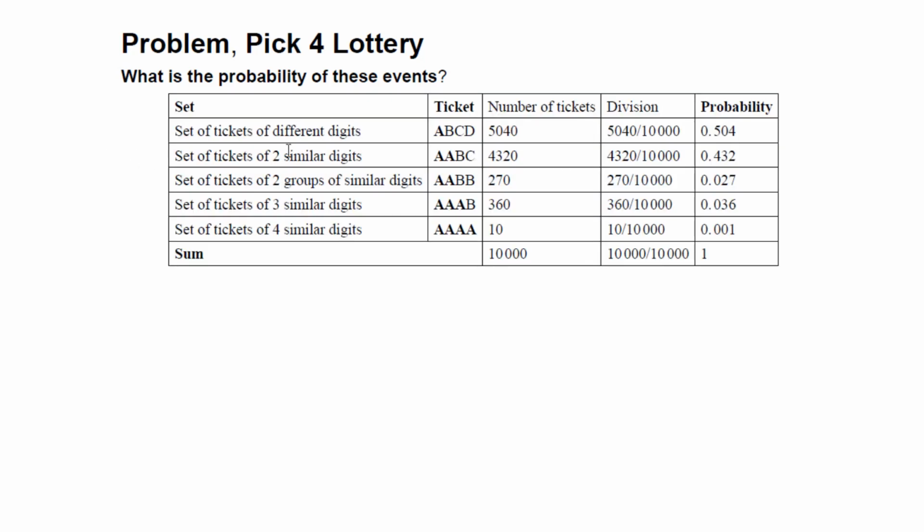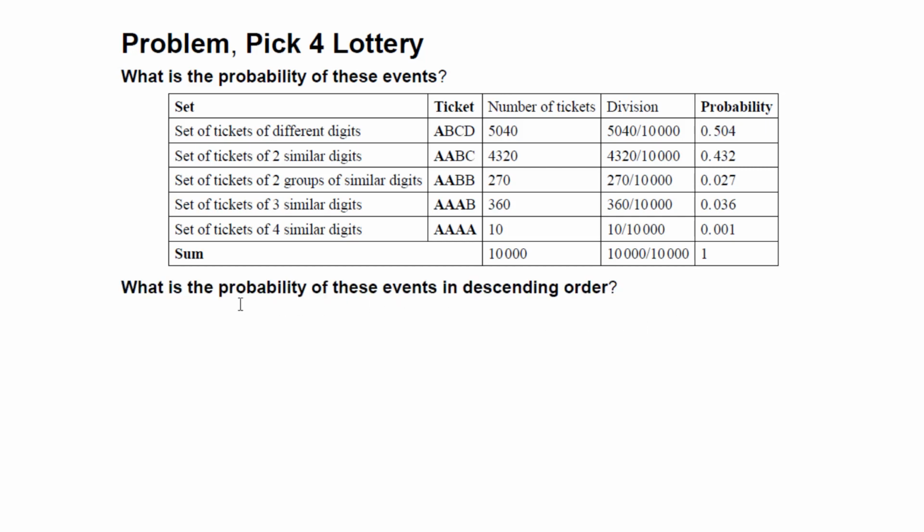Now the question is, what is the probability of these events? This is easy to be done now. We can divide the number of tickets by 10,000 and we get all corresponding probabilities here.